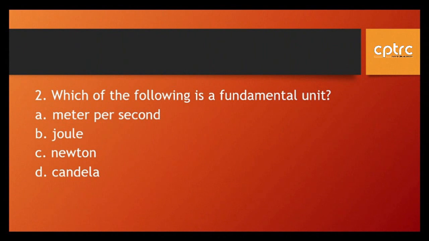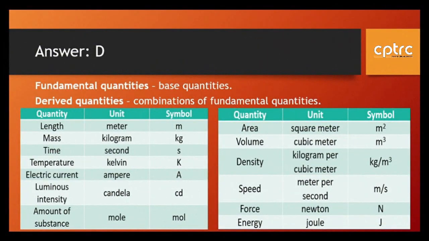first step. Number two, which of the following is a fundamental unit? The answer is letter D. Fundamental quantities are base quantities, and derived quantities are combinations of fundamental quantities. There are seven fundamental quantities.